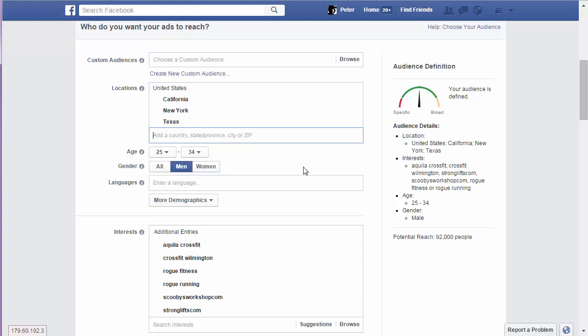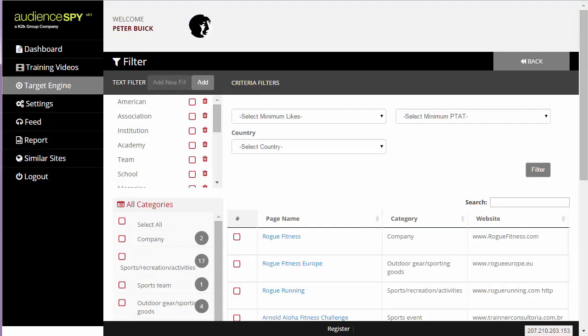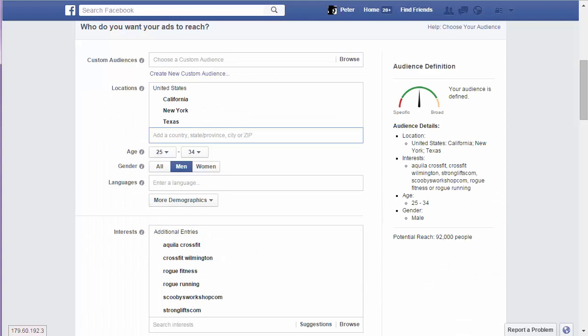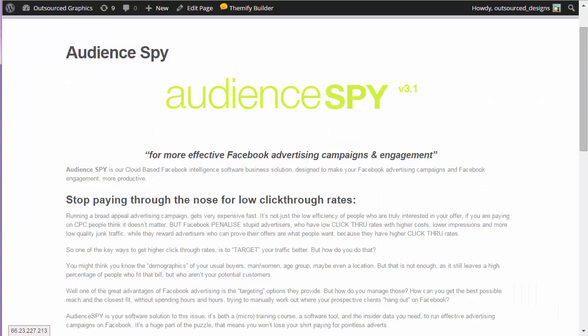Okay, that's a bit better. So if we just focus on those three particular states, which apparently are the top most popular states anyway, that gets us nearer to 100,000 audience, which is kind of what I was hoping for. Very slightly more than that would be good, but that's not bad. So we can focus on that first and have a manageable ad budget by drilling in on the location.